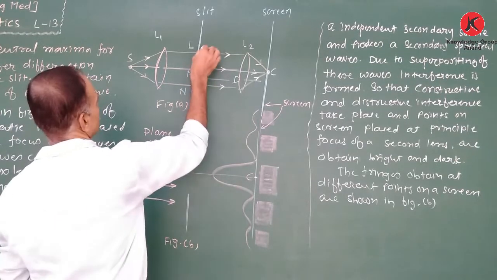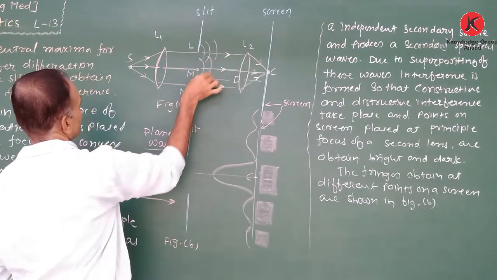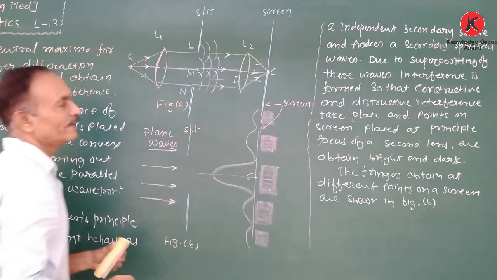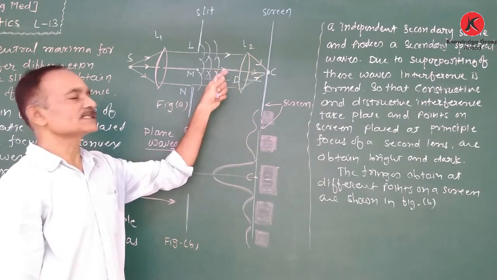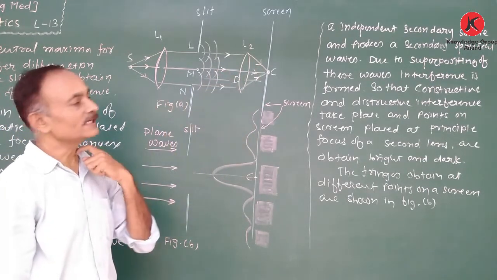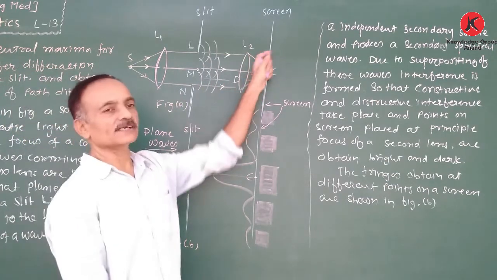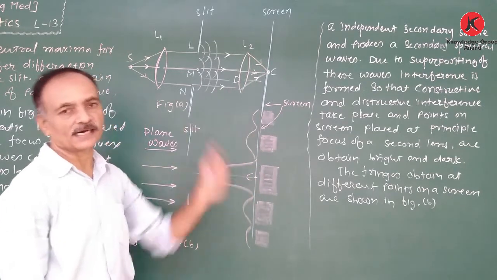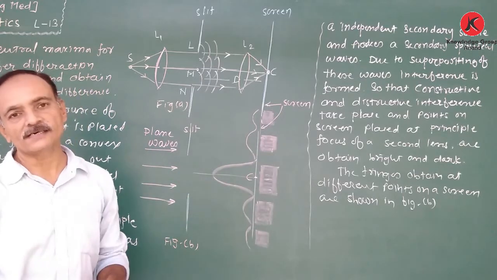These spherical waves propagate in the medium, superpose on each other and form an interference pattern. During this superposition, constructive and destructive interference take place. As a result, different bright and dark points are obtained on the screen, as shown in figure B.